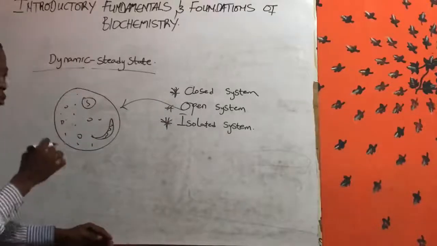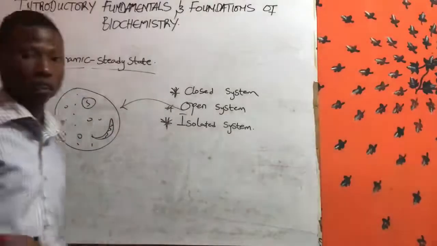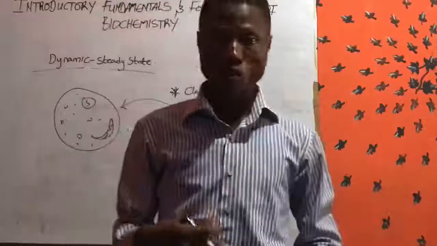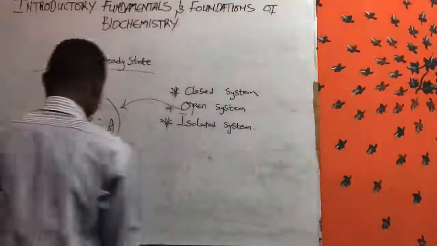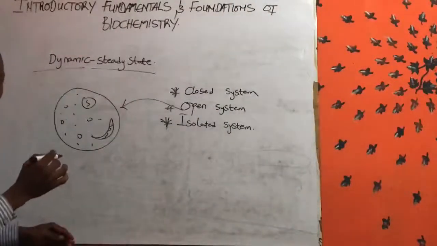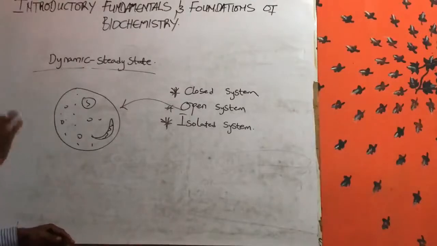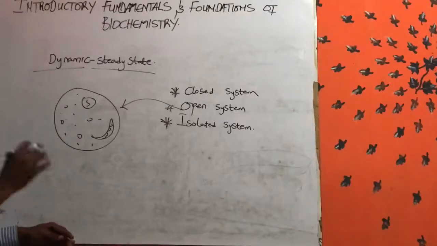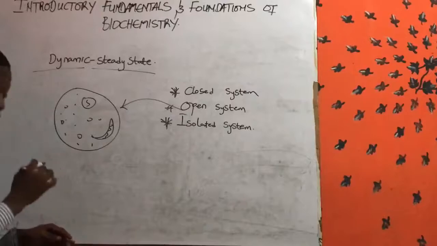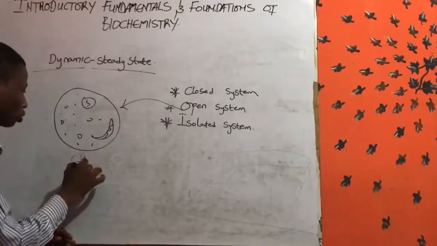This is what we are trying to say. For instance, inside your body, you have glucose. Let me use blood glucose as an example. Constantly, glucose is being consumed in your body.